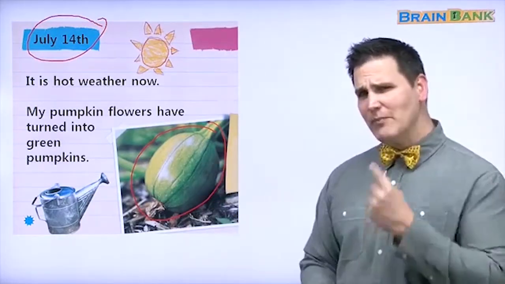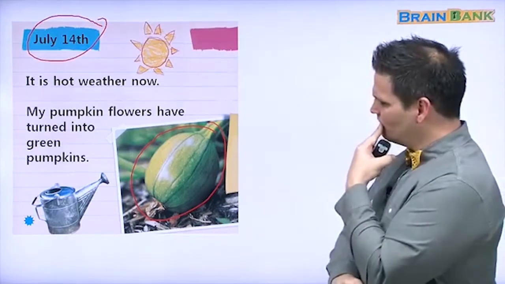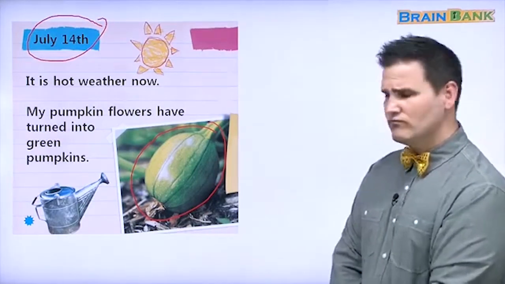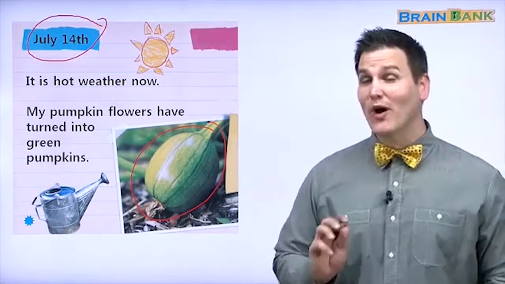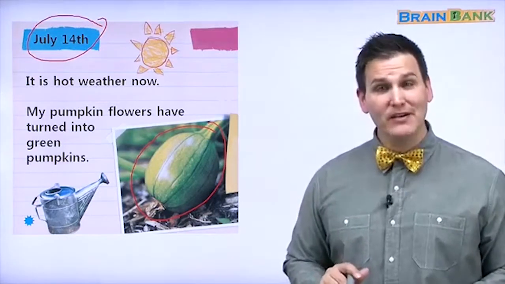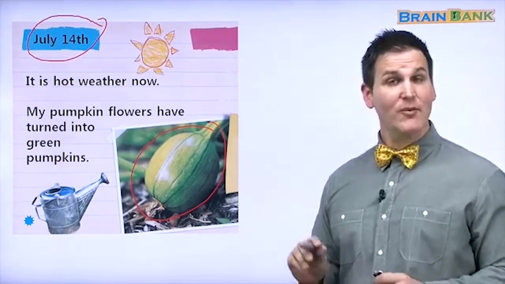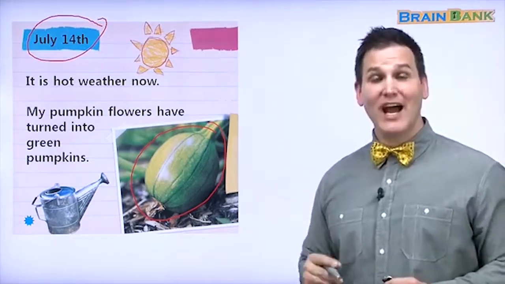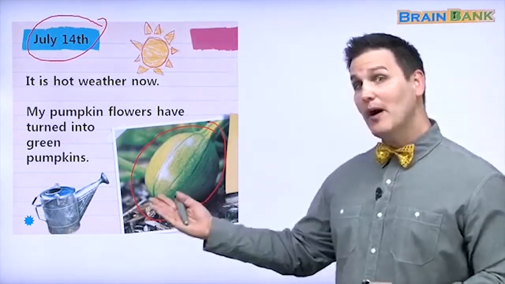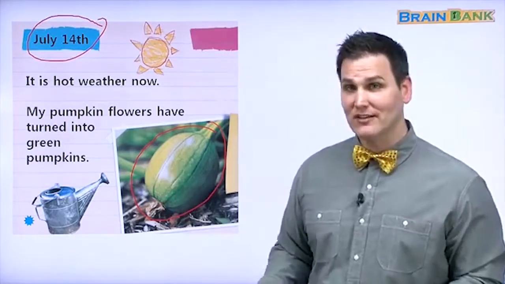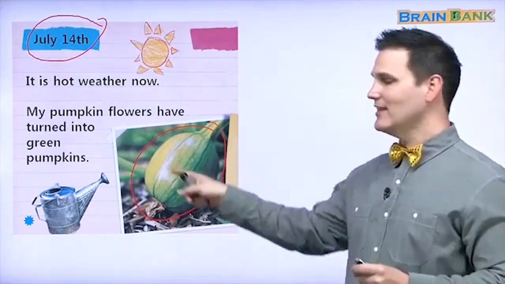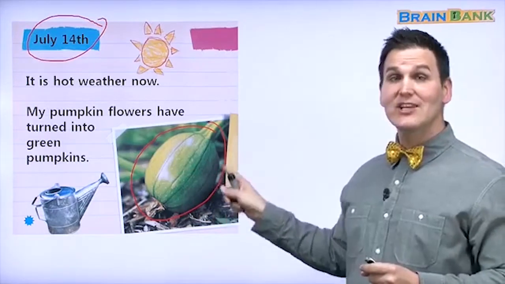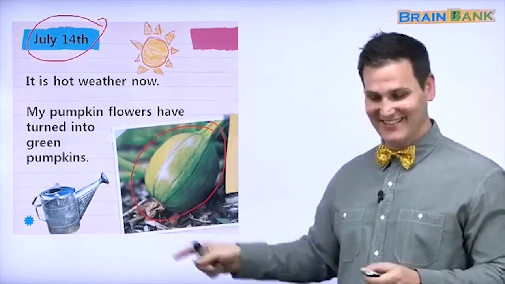Is this a ripe pumpkin? No. Do you remember what color a ripe pumpkin is from our diagram? Very good. In our diagram, a ripe pumpkin is orange, not green. This is a growing pumpkin.